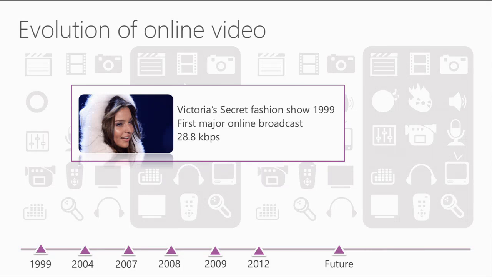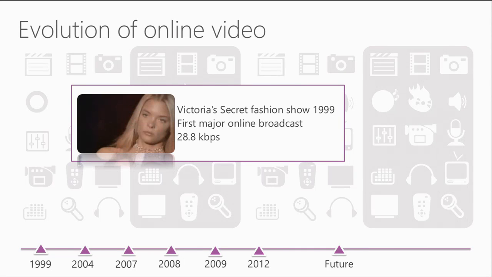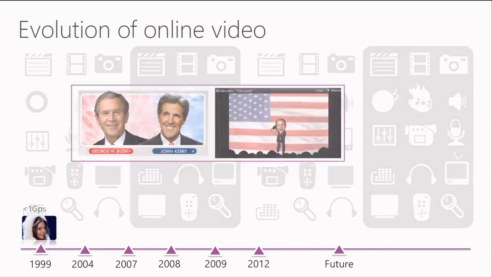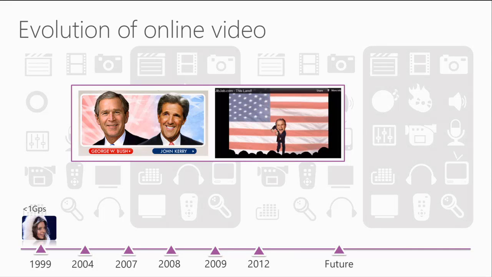It's something more like this. However, the event created a lot of hype, but we didn't see a lot of online viewers at that time. In 2004, both parties started to use video content to generate support for themselves, and we started to see a lot of video viewers online.